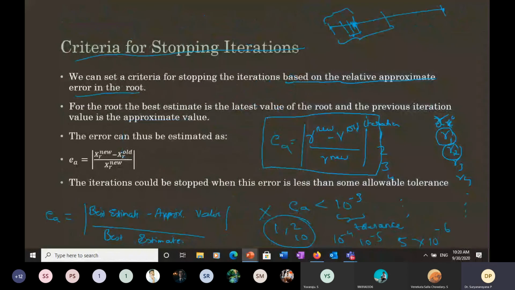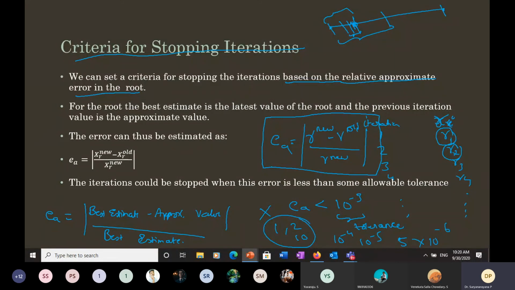So that's what we have been discussing, and we also did a small bit of programming on that. Here we can set the stopping criteria, and I told you the stopping criteria is based on the approximate relative error. How do we calculate the approximate error? In any real situation we will not know the true solution.